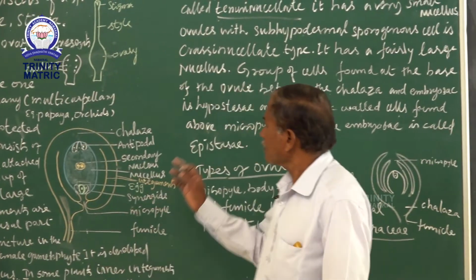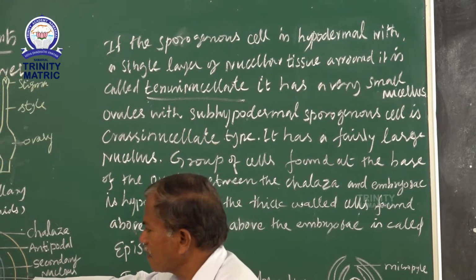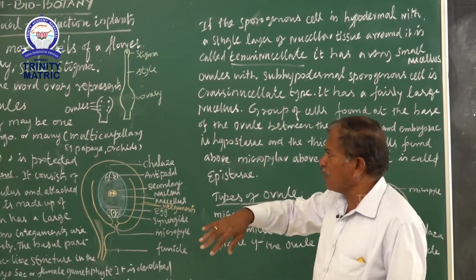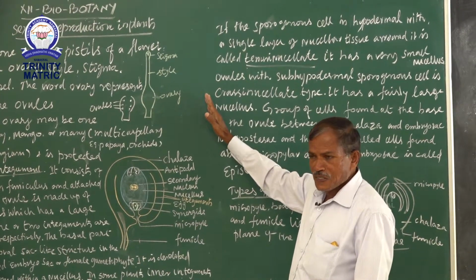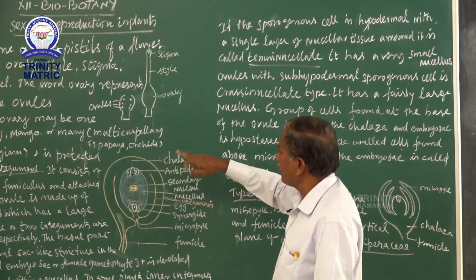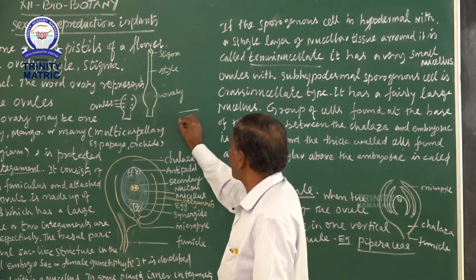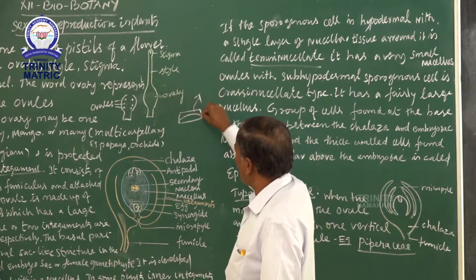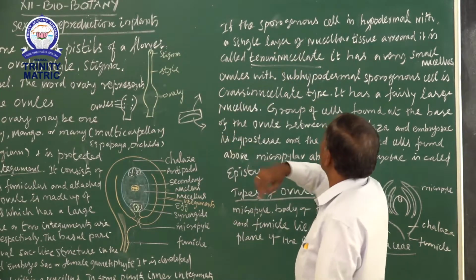Next one. What are sporogenous cells? We already discussed that in microspore development. The hypodermal cells of the female gametophyte divide into two: the outer parietal layer and the inner sporogenous cells.